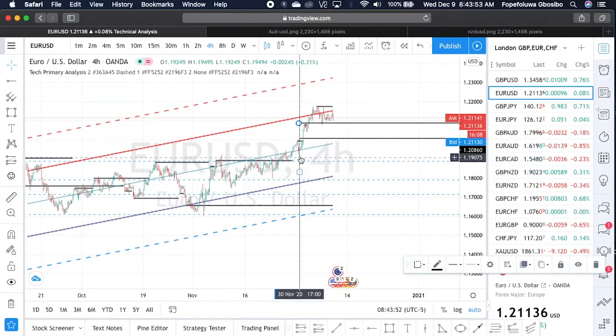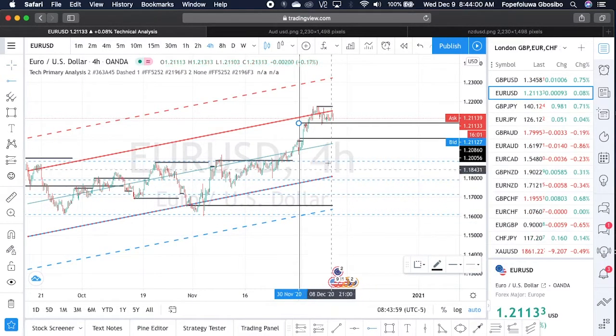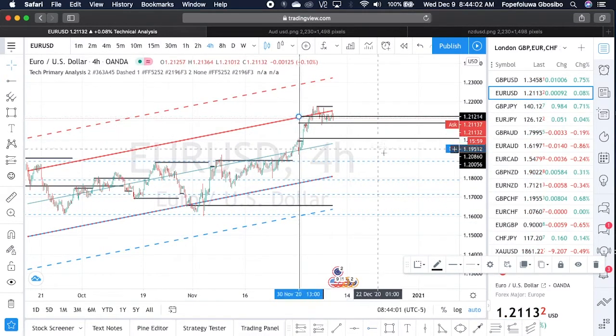So you found your entry point. This is your entry point. You also want to take it to this point, and that's how you know if you should stay in the trade or get out of the trade when it gets to the top of the channel. Just go to your higher time frame, and pretty much that's the idea of the trade.